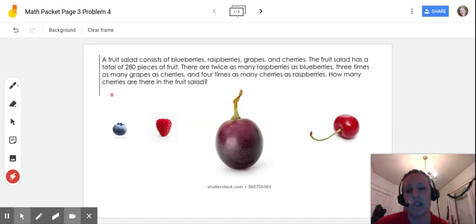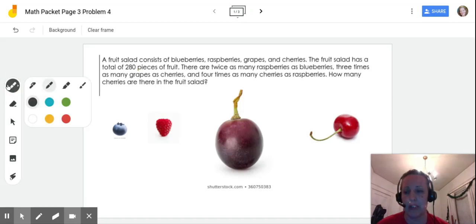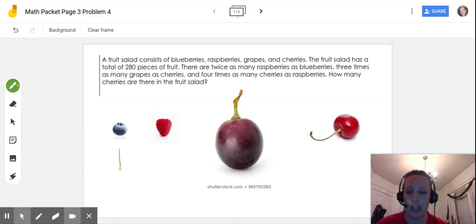Okay, so here's the deal. It says that there's kind of like a ratio here. For every one blueberry, let's make it green, there's twice as many raspberries, right?